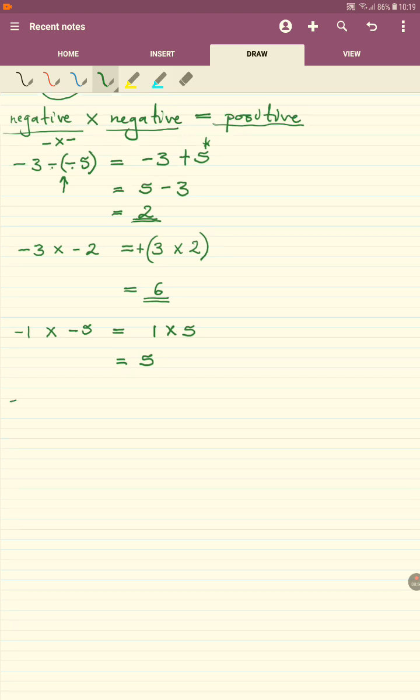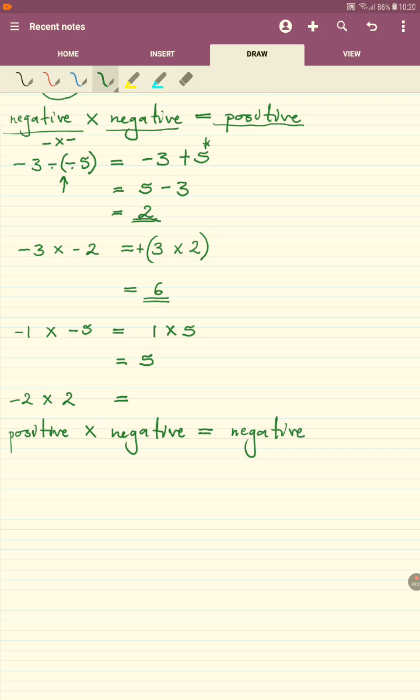If you have negative 2 times 2, you're going to realize that your answer will be negative. Each and every time when you multiply a positive number by a negative number, your answer will be negative.